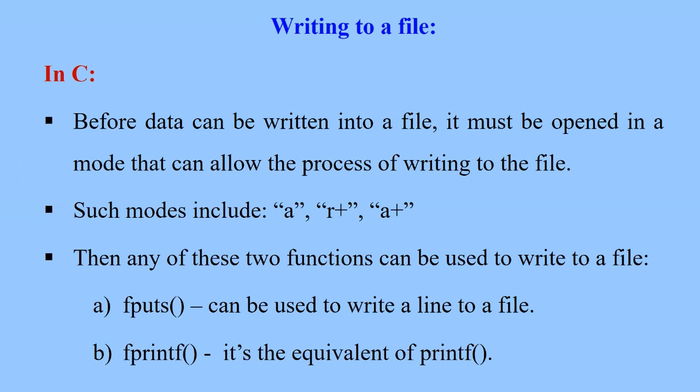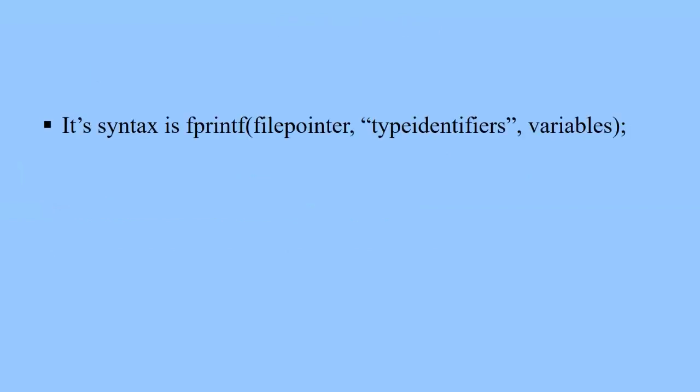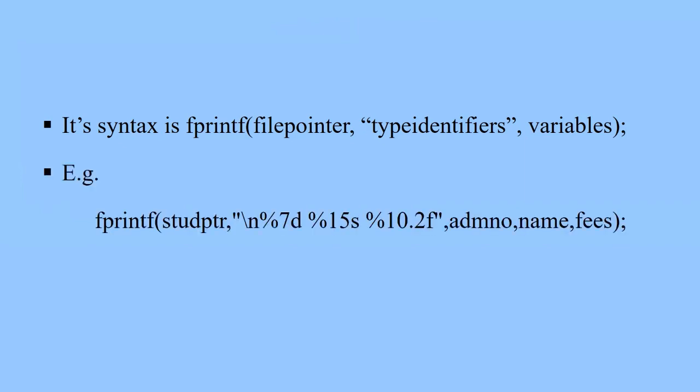It is the equivalent of printf that we discussed in C. Its syntax is fprintf, file pointer, comma, type identifiers, comma, variables. Remember, the type identifiers are in double quotes. For example, fprintf, file pointer.